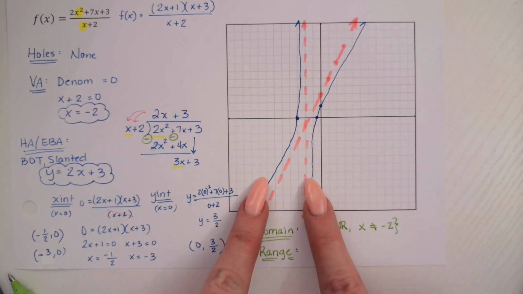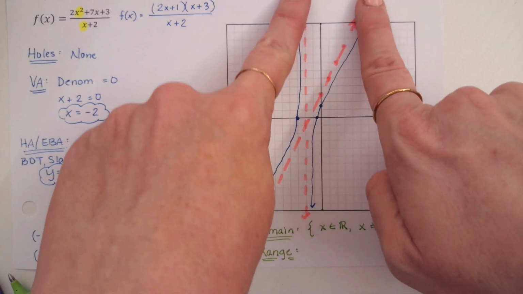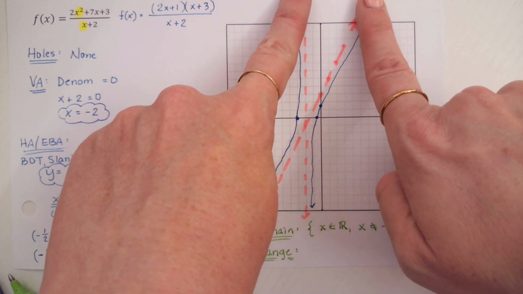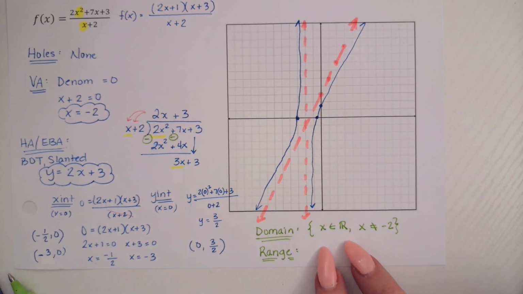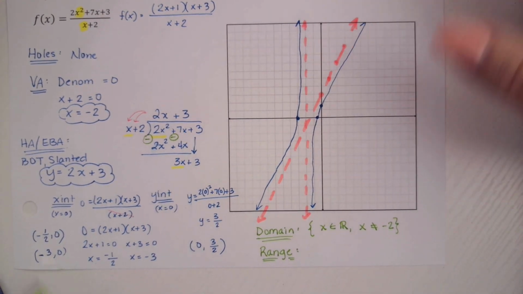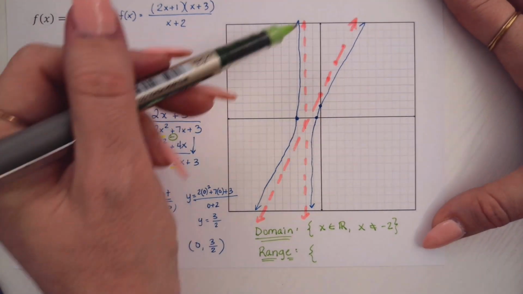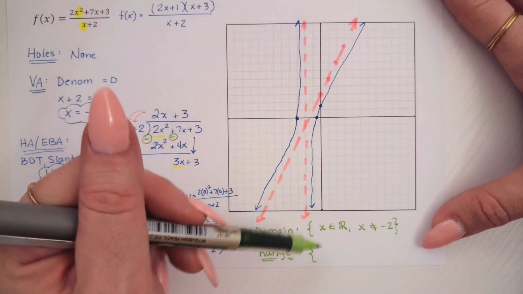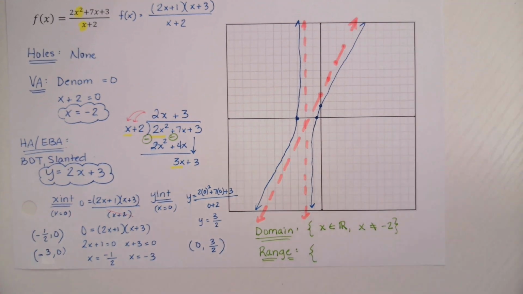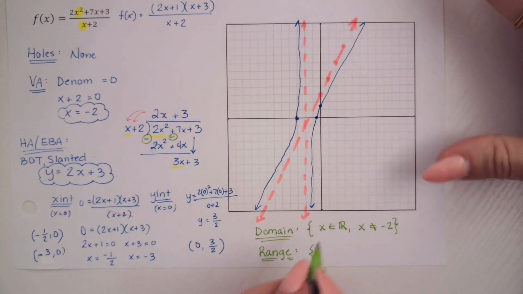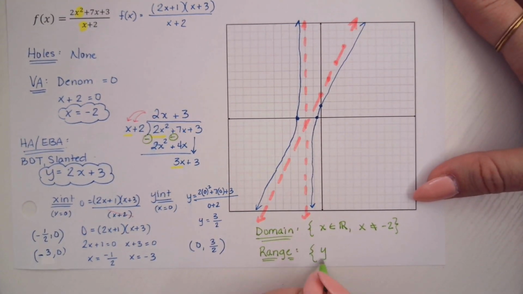Again, follow it up. Am I skipping any y's? So what am I going to write? All real numbers. We didn't need to skip over any of them. Basically, every single point for y's would be included because there's none that have open dots. There's none that we hop over with a horizontal asymptote. Y is a real number.